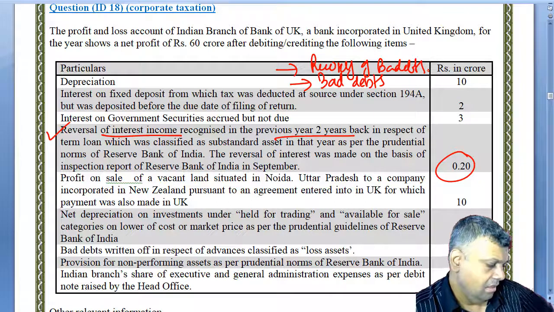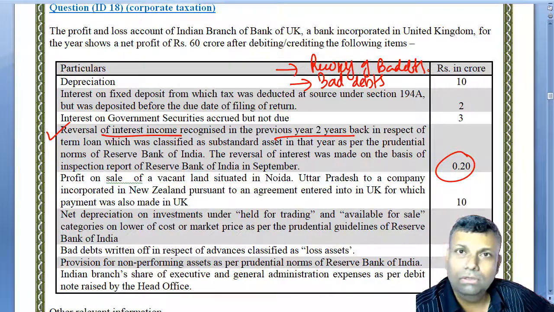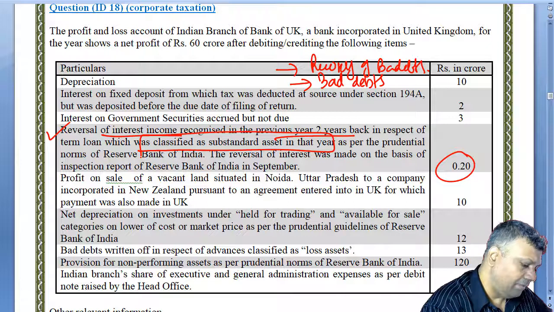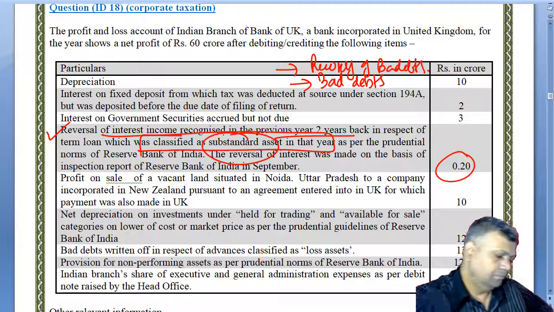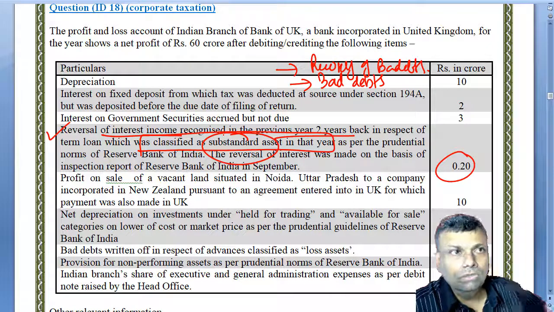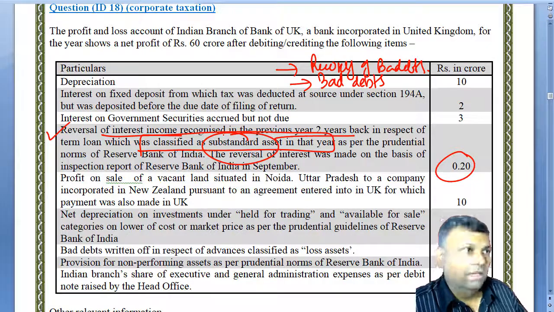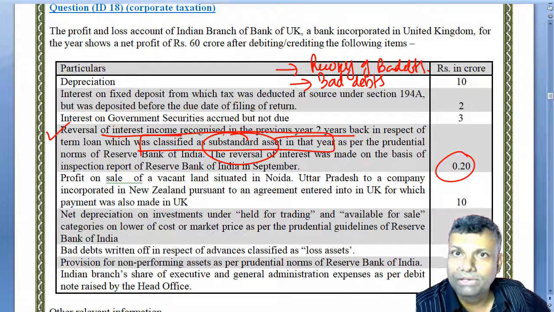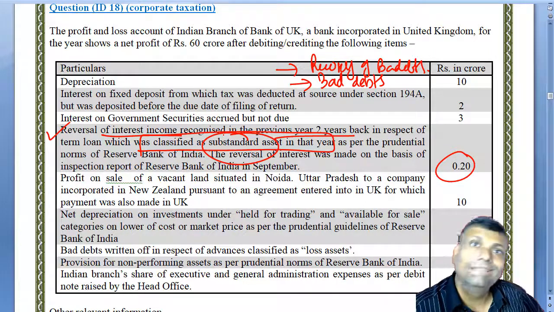Now see, there was some interest income, there was some account of a person to whom the money was lent. It was classified as a substandard asset in that year. So the bank lent money and the bank got the interest income. So the bank has debtors, that means the bank has given an advance to that particular person. When the banker has given an advance, there is a possibility that the advance goes bad.